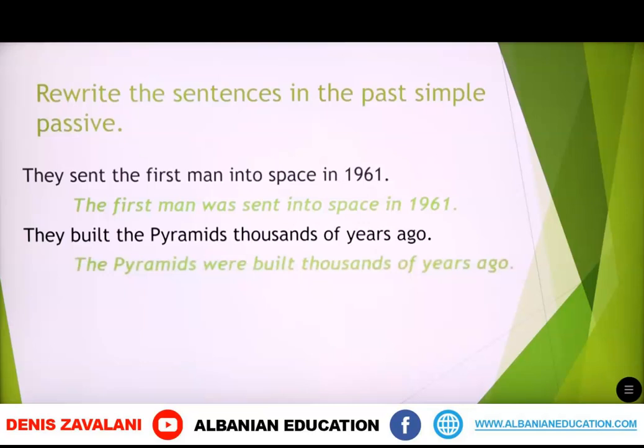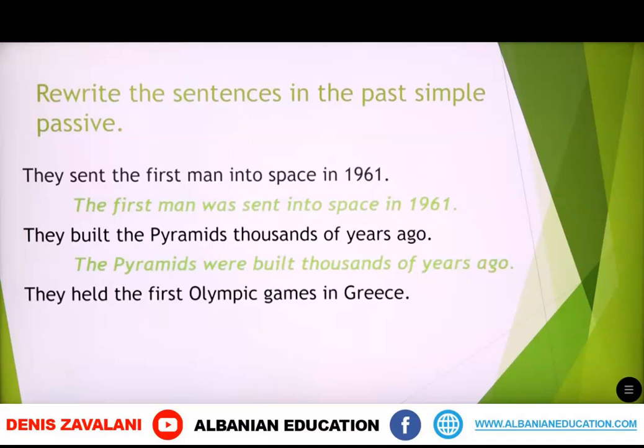The pyramids were built thousands of years ago. Next one, they held the first Olympic Games in Greece. How would you make this sentence into the passive voice? The first Olympic Games were held in Greece.